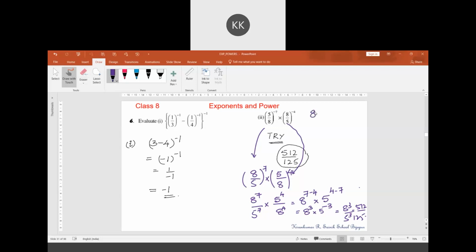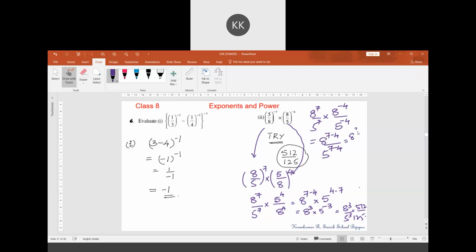So for example, 8 to the power 7 upon 5 to the power 7, we get it from this. Sir, if you don't reciprocal, the bases will be equal. 8 to the power minus 4 by 5 to the power minus 4. Now we can simplify. Since the bases are same, it is 8 to the power 7 minus 4 divided by 5 to the power of 7 minus 4.